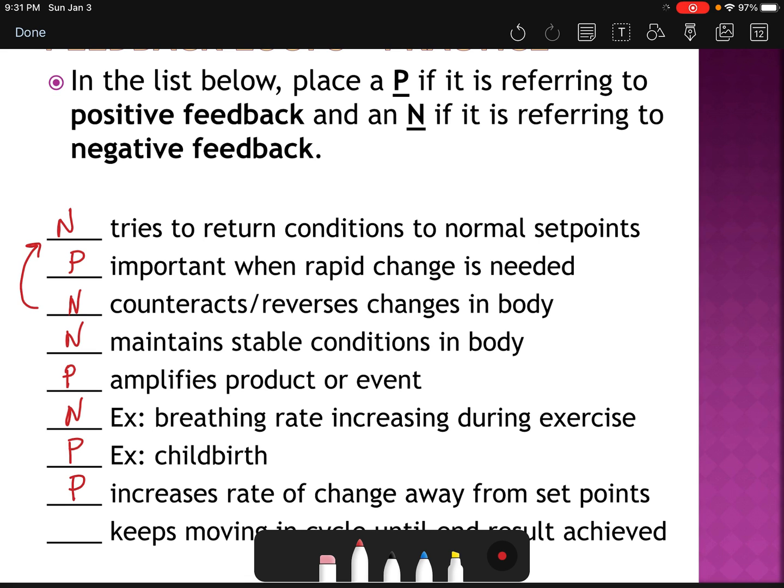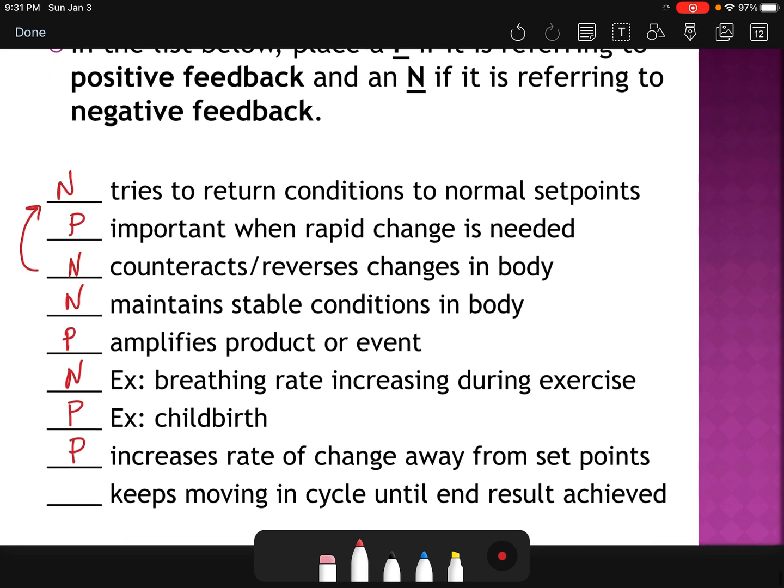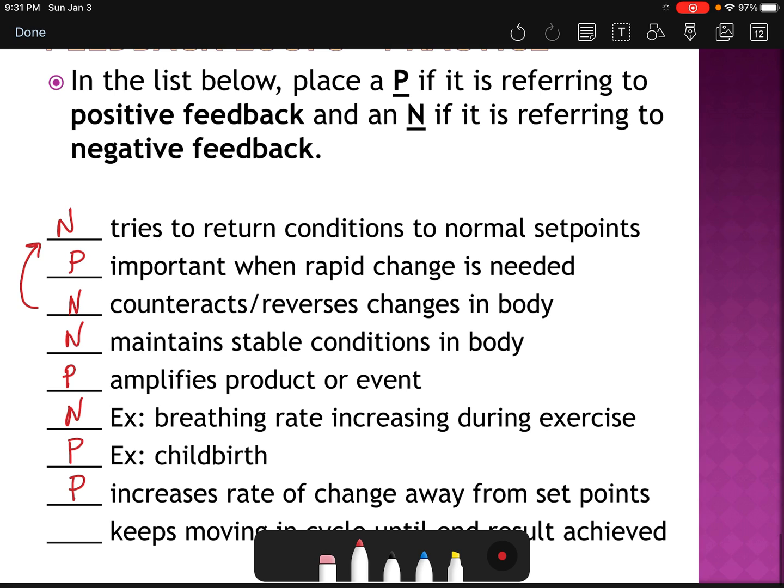That, again, is positive feedback. And keeps moving in a cycle until an end result is achieved. That is also a positive feedback. So again, for this first part, make sure you understand the difference between positive and negative feedbacks, but also know the four main parts of any feedback loop and what their definitions are.